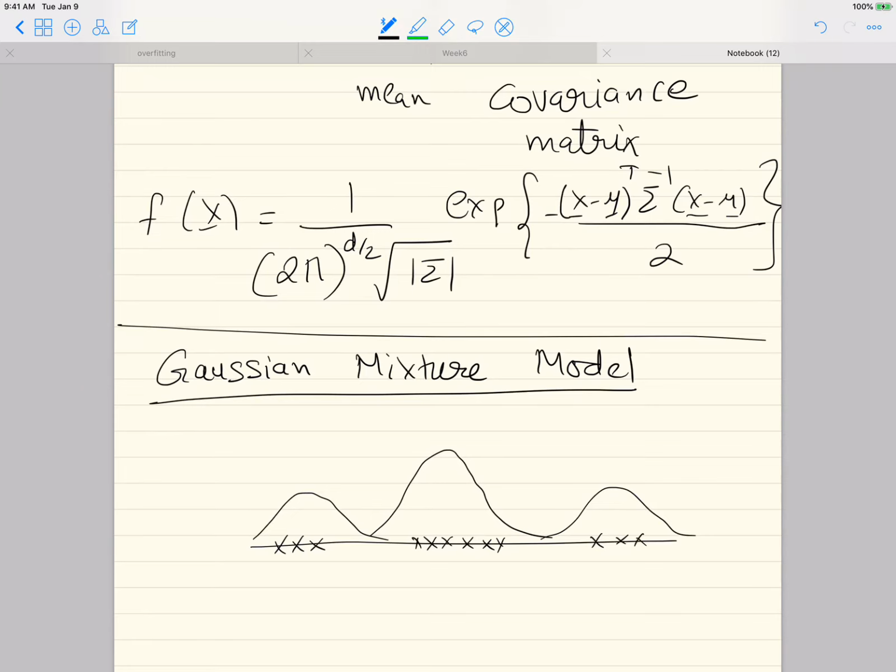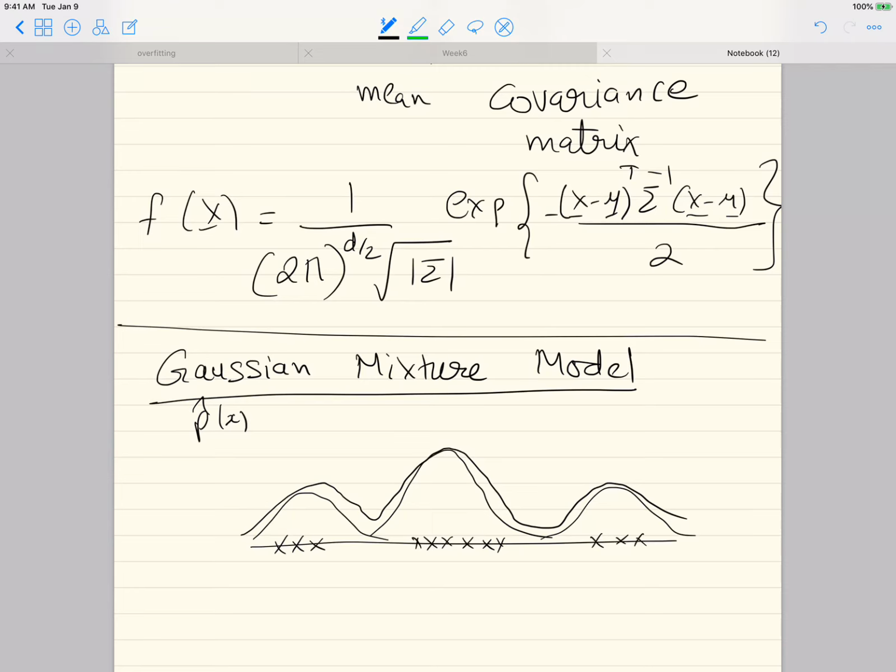If you have more points, this is more likely, so this should have a higher weightage. This has fewer points, so it's less likely. And so p hat of x should now look something like this. It should be the sum of all these different densities. The actual p hat of x will not be a Gaussian.